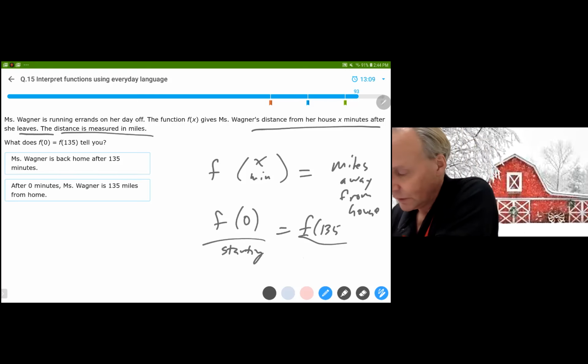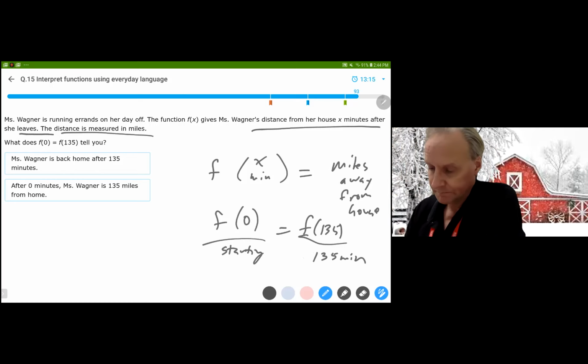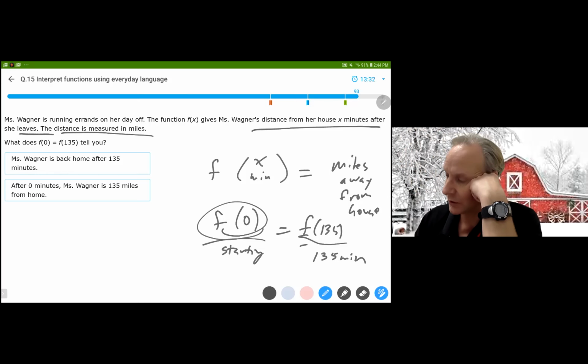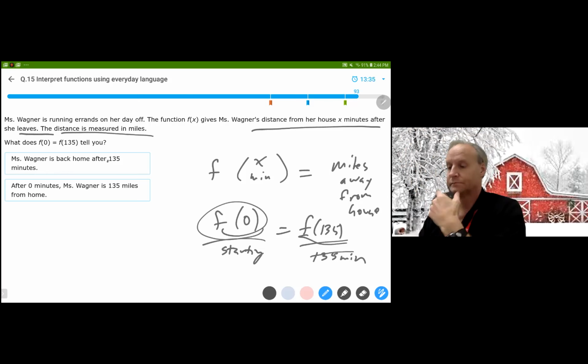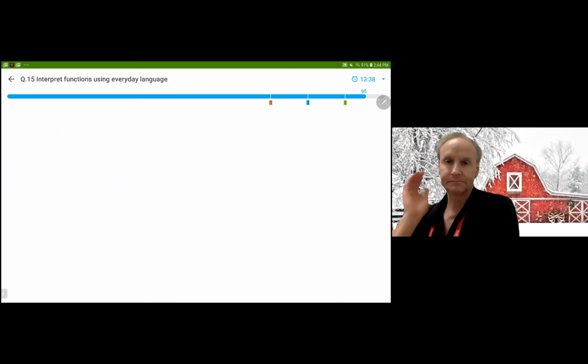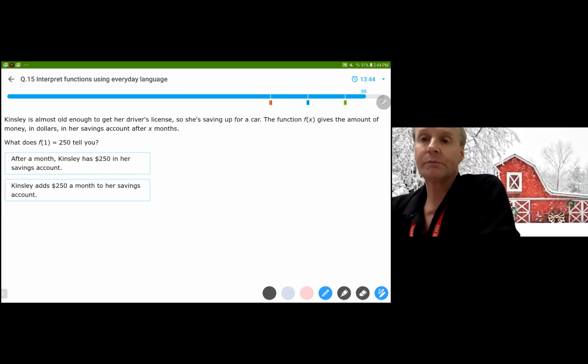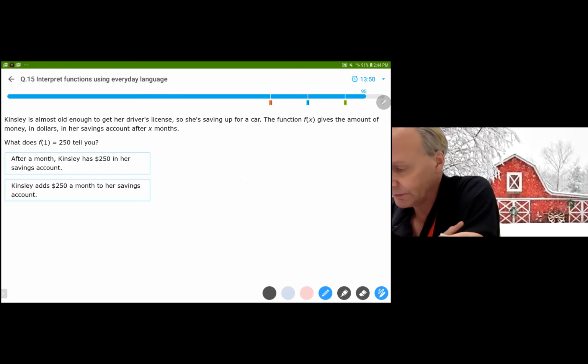So after 135 minutes, they're equal. Miss Wagner is back home after 135 minutes. Well, yeah, because this is when she starts. So she's back home because they're equal to one another. So the distance is 0 either way. Although in that problem, we had to assume that she started at home. That's the assumption, because otherwise it wouldn't be able to be answered.